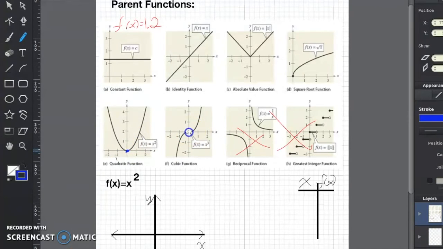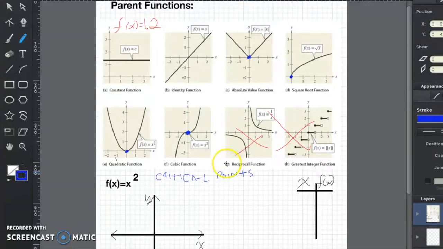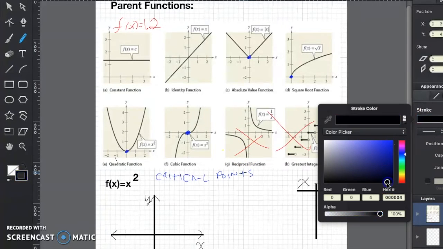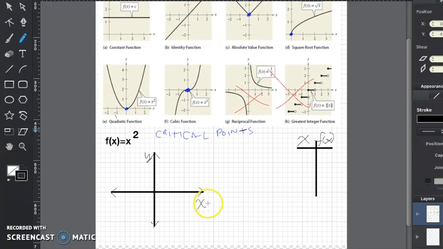On this guy, this is going to be my critical point. And this guy is going to be my critical point. And this guy is going to be my critical points. Okay, so those are my critical points in blue. Let's go back to black here. Okay, so those are my critical points.